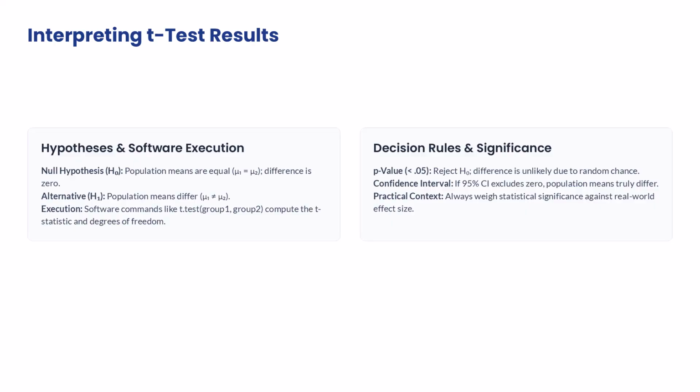A p-value below 0.05 signifies that observing such a difference by chance occurs less than 5% of the time. Additionally, the 95% confidence interval provides a range of plausible values for the true population difference. If this interval excludes 0, statistical significance is confirmed. Researchers must always pair these statistical metrics with substantive evaluation of effect magnitude.